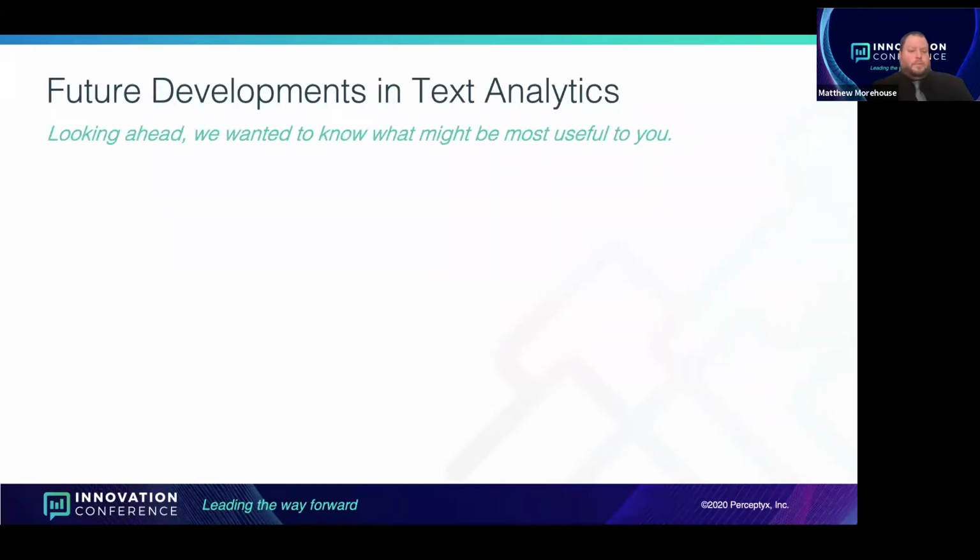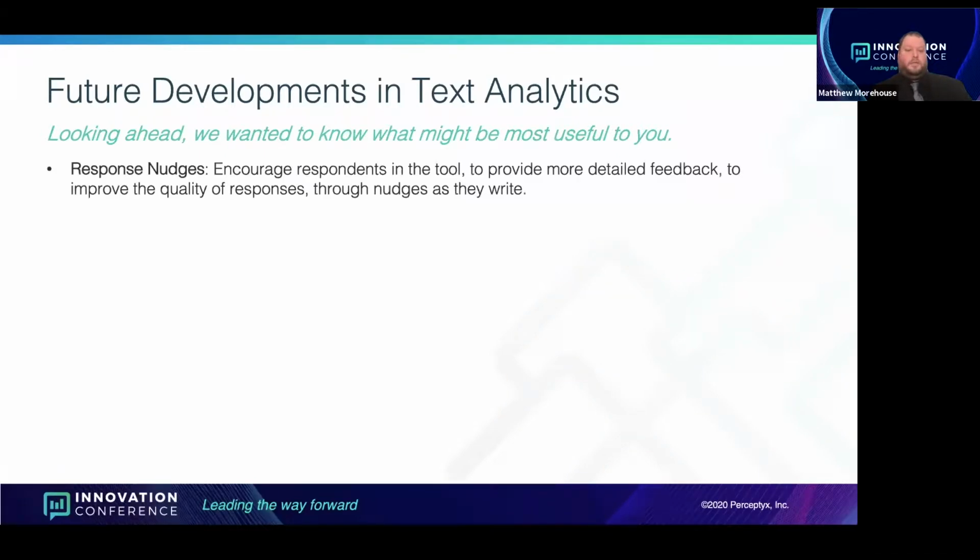And where we're moving to next, just some things that we're moving towards, and we also want to elicit a lot of feedback on what's important to you and what can help you in your use cases as we move forward. So one thing, as you move into running with text analytics, is response nudges, a way to encourage people to provide more and better feedback while they're taking a survey.